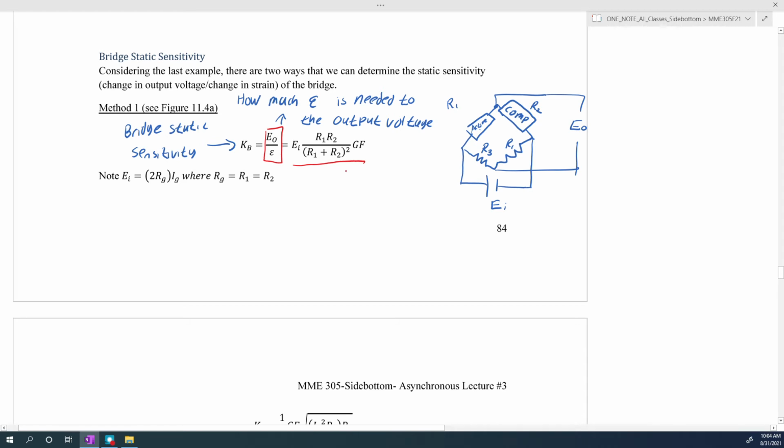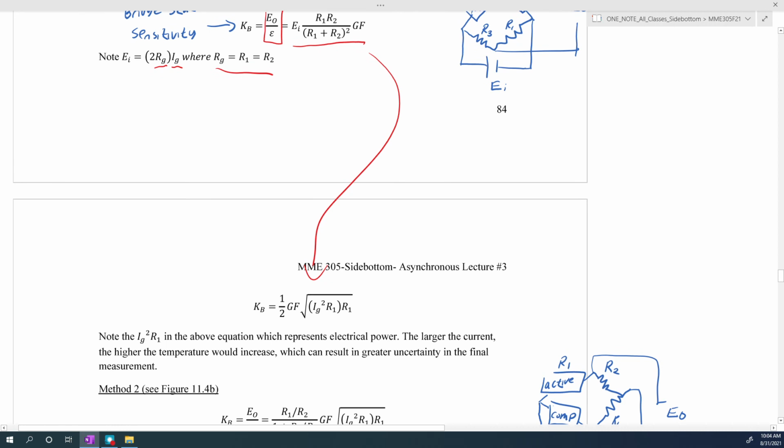If we say the resistances are equal, and we know the input voltage is proportional to the current going through it as well as the resistance of our strain gauge, we can simplify this equation down even further. The one thing to note here is that the I squared R term represents electrical power.